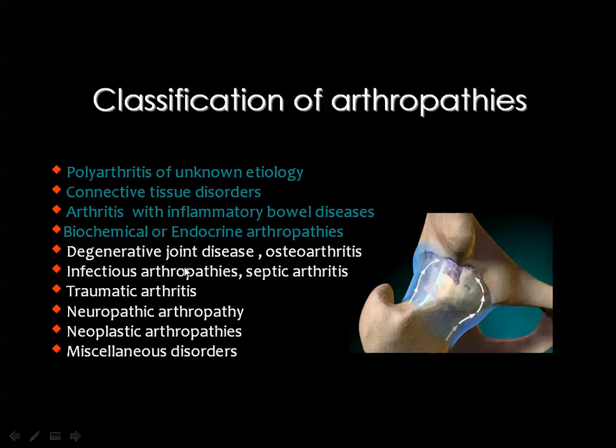Now we'll discuss the remaining topics, including degenerative joint disease, osteoarthritis, septic arthritis, traumatic arthritis, neuropathic arthropathy, some of the neoplastic arthropathies, which describe some of the tumors arising intrinsically inside the joint itself. And finally, we end with some of the miscellaneous disorders that can also be seen in some joints.